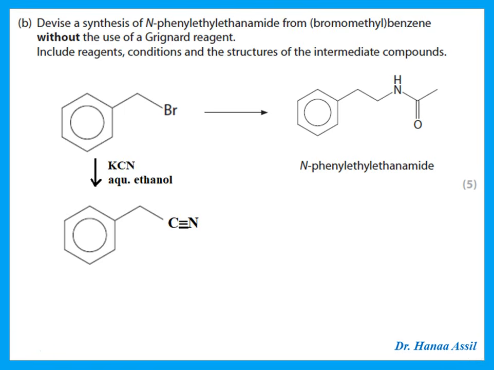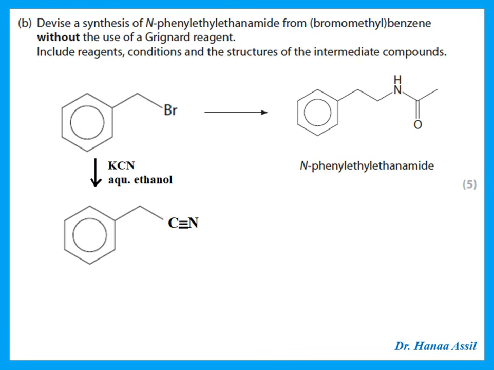Well, let's see. First, I can change this into a nitrile group. Remember, this will help me to add an extra carbon on the chain. How do we do this? We react it with potassium cyanide in aqueous ethanol.